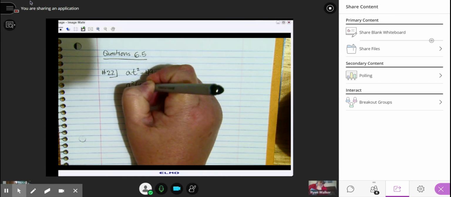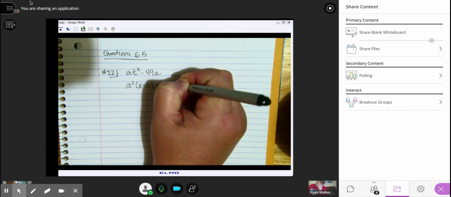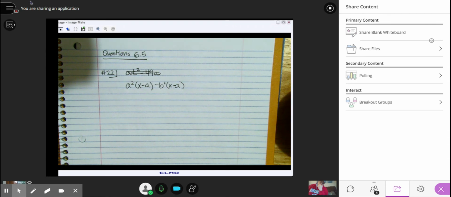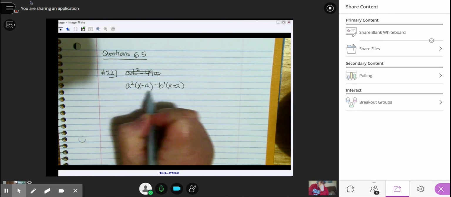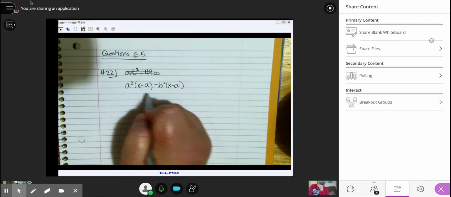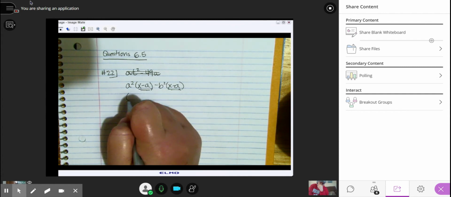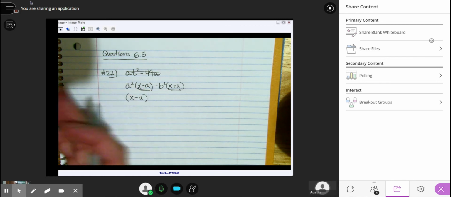A squared times (x minus A) minus B squared times (x minus A). Okay, and that's it? All right. So if we're factoring what you've got here, I'm going to pull an x minus A out of both of those. It's already factoring by grouping, that's kind of been started.